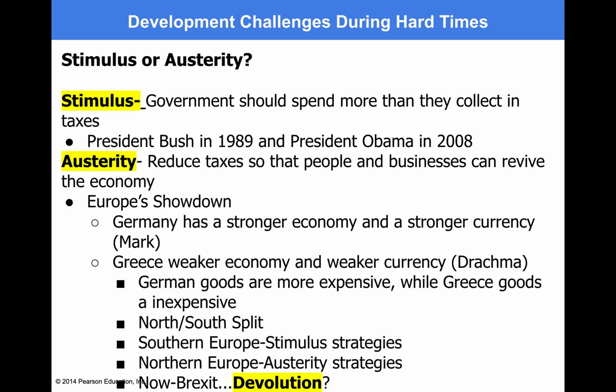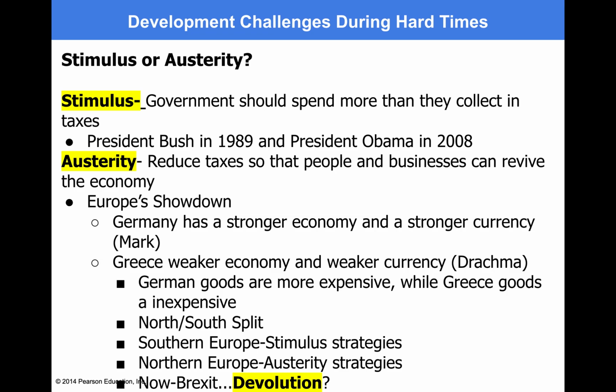We see this stimulus and austerity play out in Europe with Northern Europe. It's called the North-South split. The southern, poorer, less developed part of Europe asked for stimulus through the EU or the Central European Bank, while the more developed northern European countries ask for austerity approaches.